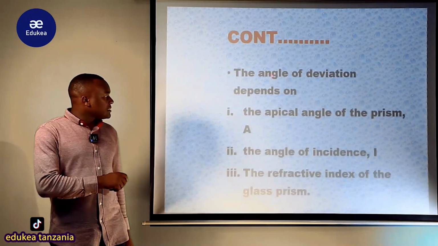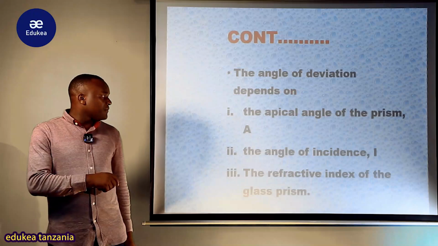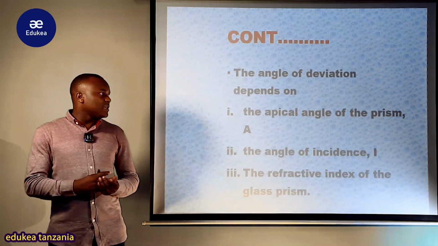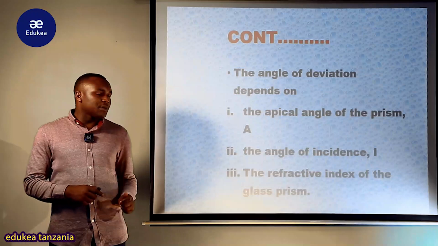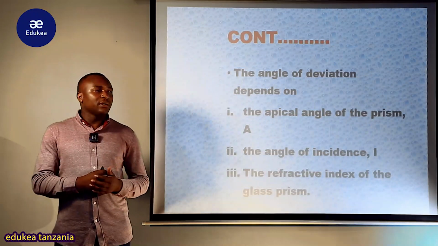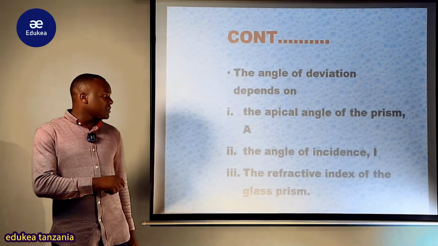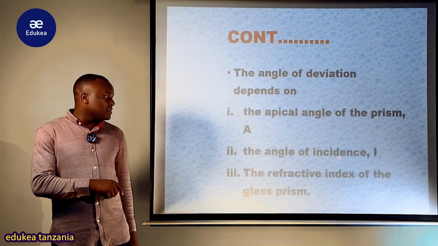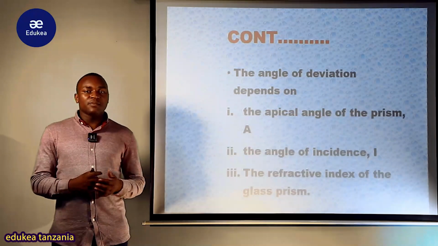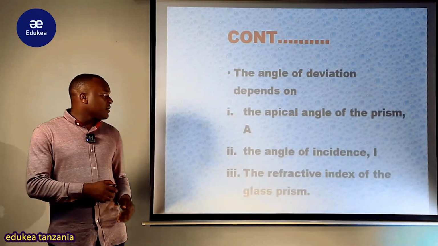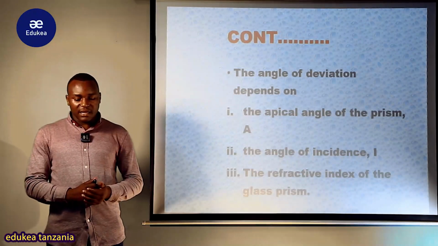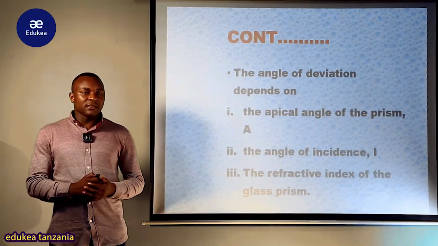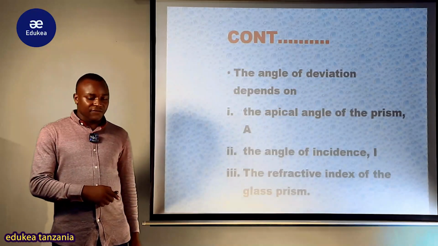Okay, we say that the angle of deviation depends on the following, kwamba angle of deviation inadepend katika following. Ya kwanza ni apical angle of the prism, kwamba apical angle will determine the angle of deviation, but also the angle of incidence, kwamba angle ya incidence pia itadetermine the angle of deviation, but also the refractive index of the glass prism also will determine the angle of deviation.